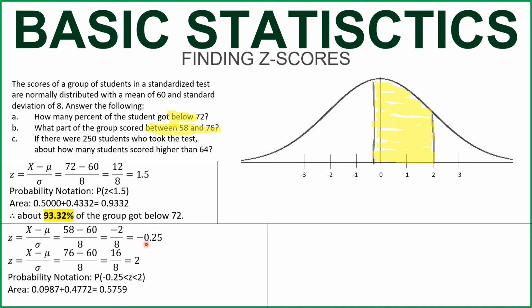So, the first two digit is 0.2. Hanapin yung 0.2 and then guhitan yung mga numbers horizontally and then hanapin yung 0.05 naman sa mga numbers sa taas. So, sa intersection nila, that is 0.0987. Kaya, 0.0987 yung nilagay natin dito.